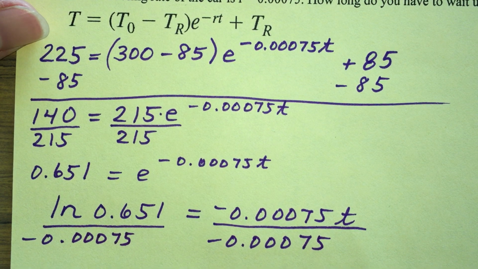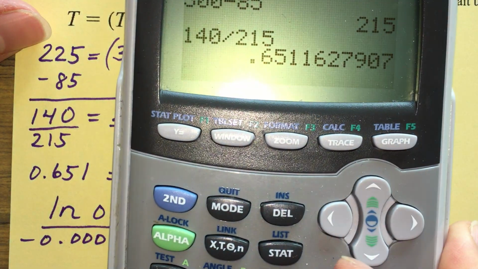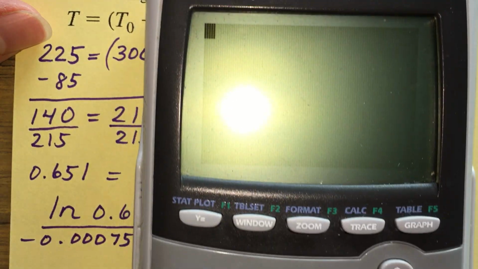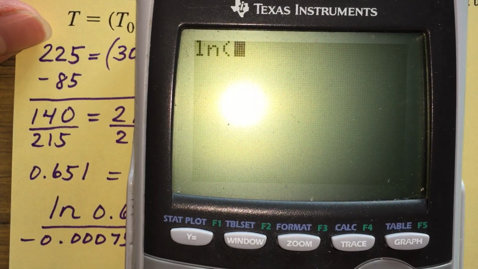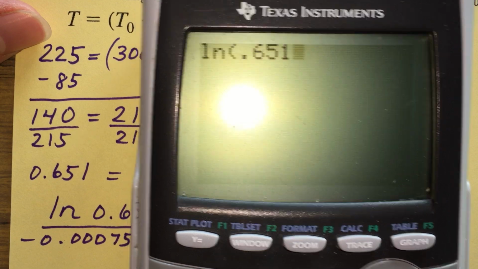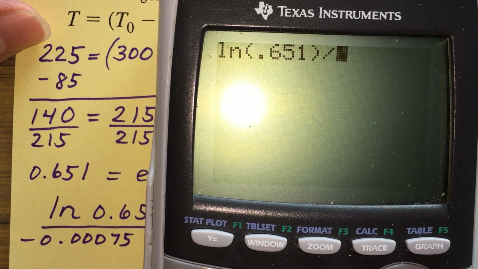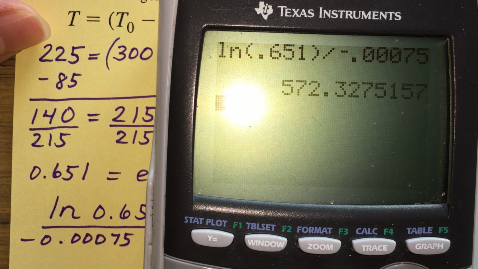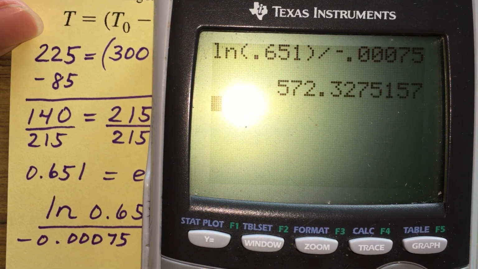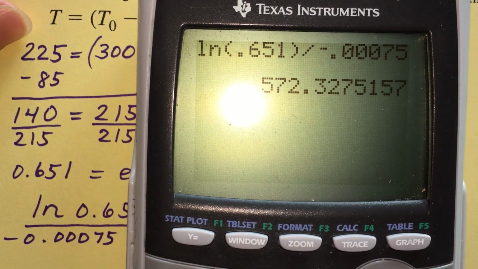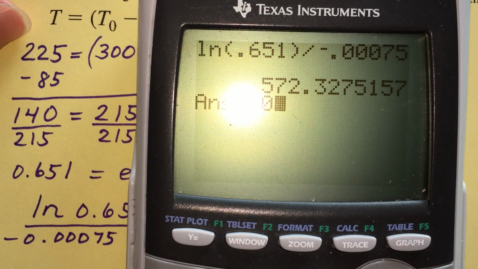Now let's use the calculator and figure out what that is. So we've got natural log of 0.651. Close that parenthesis and divide by negative 0.00075. So this is a pretty big number. It's 572.3 minutes. Let's divide by 60 to get that into hours.